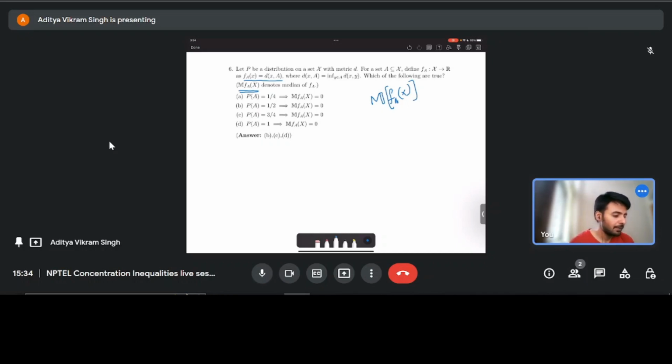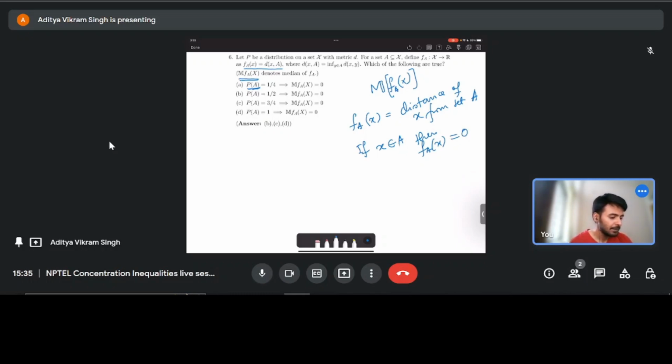And we want to see what that median would be depending on what this PA is. Okay. So, FA of X is the distance of X from set A. Which means if X belongs to A, then FA of X would be 0. Okay.